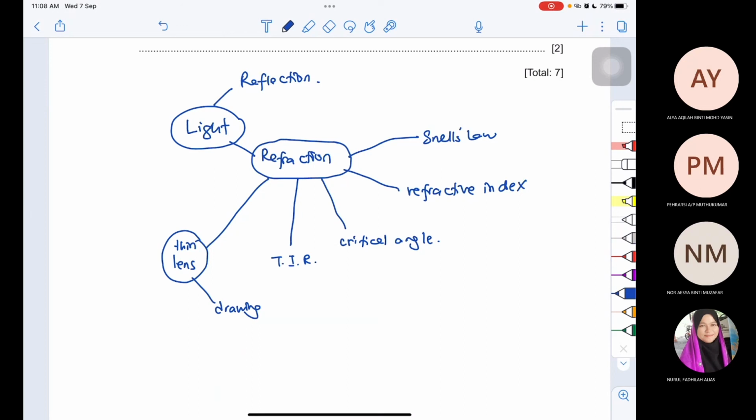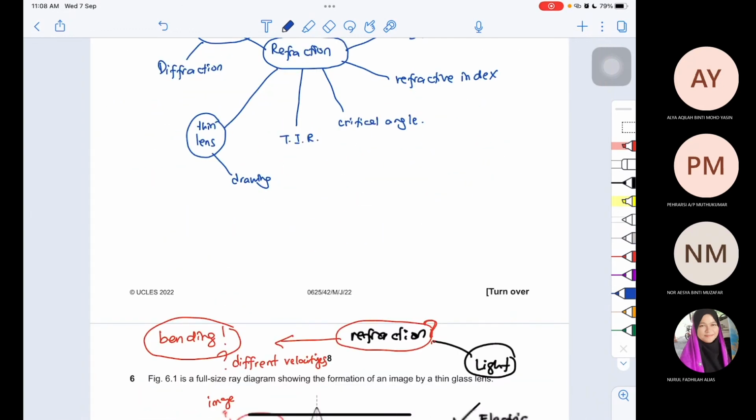Okay, so untuk thin lens pun you need to know the drawing. Yeah. Okay, next dalam tajuk light juga kita ada diffraction. Okay, then kita ada dispersion of light ray. Okay, so light is quite a large topic lah. Okay. And then kita tengok tadi banyak tentang electric.